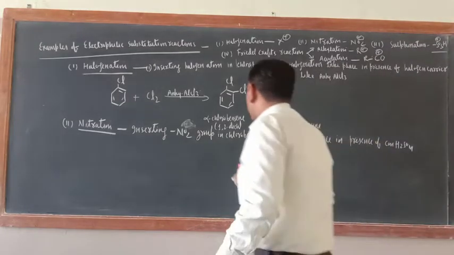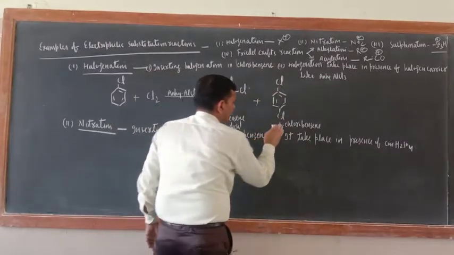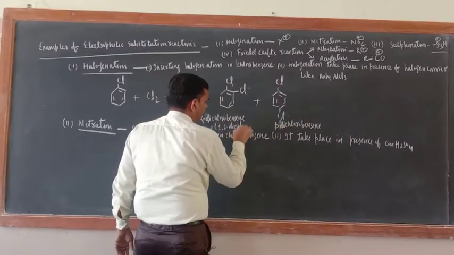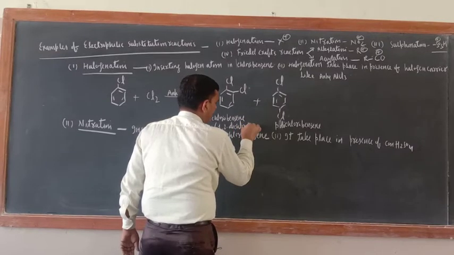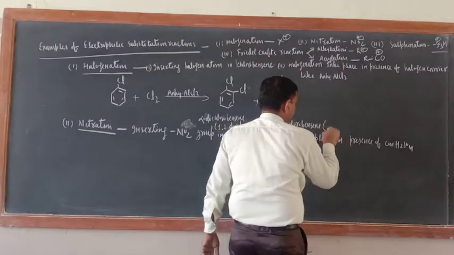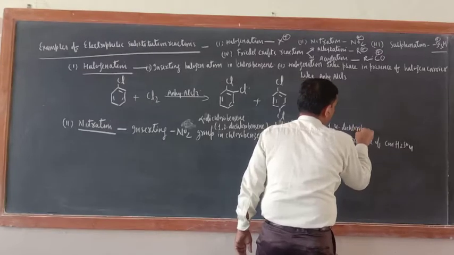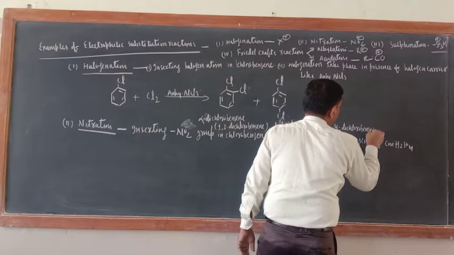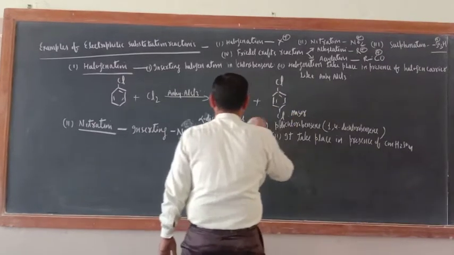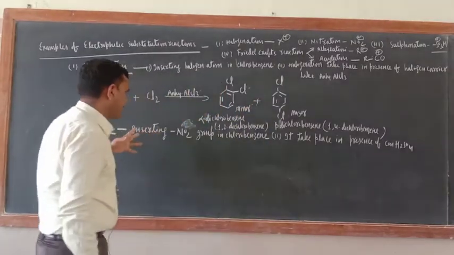This is para-dichlorobenzene. What about this one? 1,4-dichlorobenzene. Now this is the major product. This one is the minor product. The reason I have already explained. Okay, that is the product.